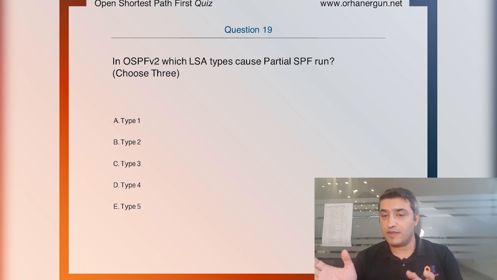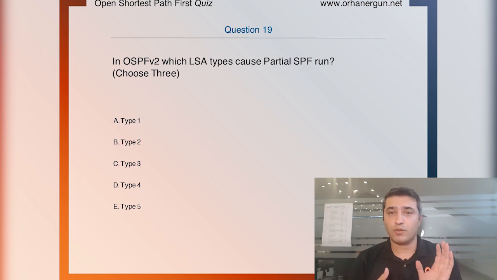So we have CSPF, OSPF, incremental SPF, we also have partial SPF, we have full SPF, and we have FSPF, which we use in fiber channel networks.